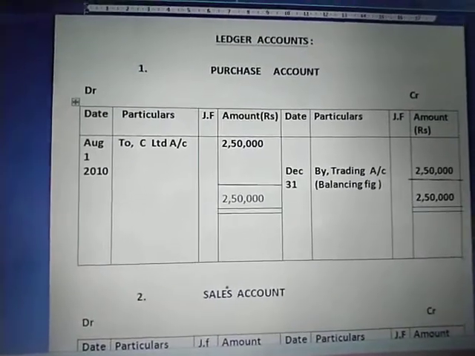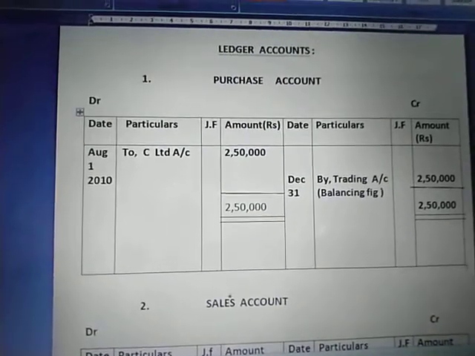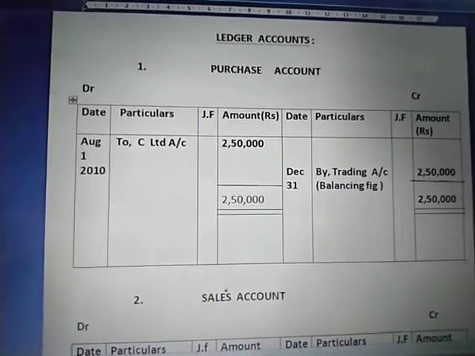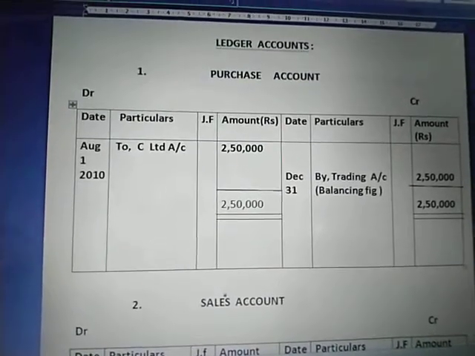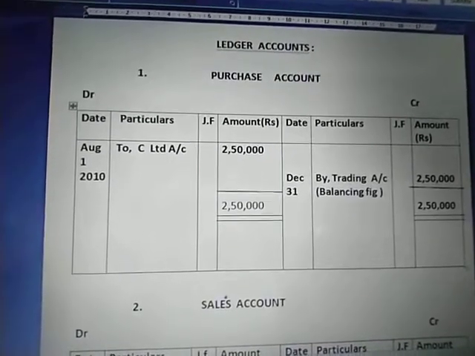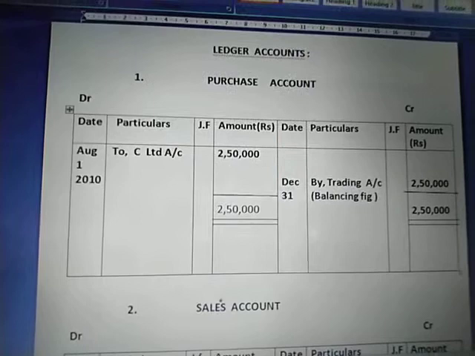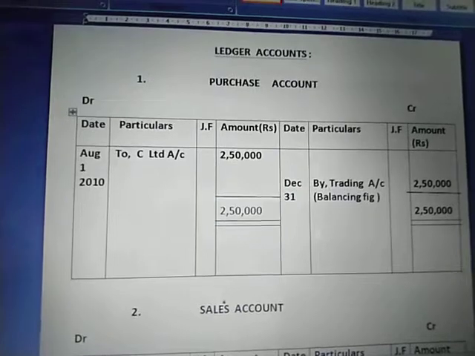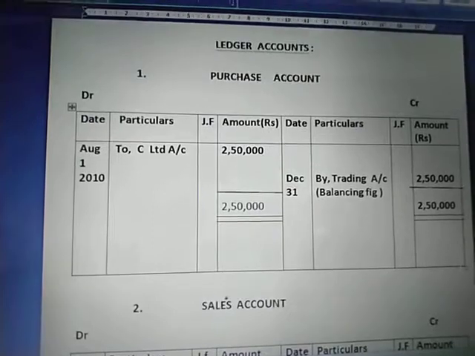So on 1st August on the debit side we will write down 'To C Limited', as this is the account being affected here. The amount we write is 2,50,000.